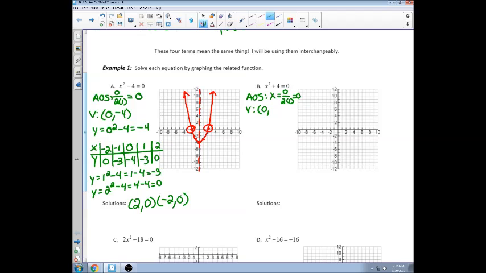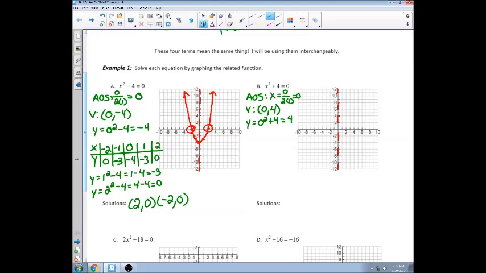I have to put 0 back in for x. So y equals 0 squared plus 4, which means that my vertex will be at +4. So if I go from 0, 0, I need to go up 4. That is my vertex. My axis of symmetry, again, will be at 0, so it's going to be the y-intercept.